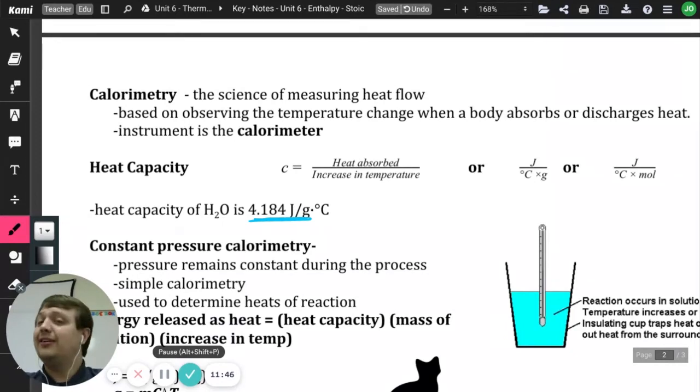Probably they will be giving this to you in the problem itself if you end up needing it. But this one is a very commonly used specific heat, so it sometimes just makes it easier if you just know it. Okay, so water's specific heat capacity, again, liquid water, not solid water or gaseous water, just liquid water, its specific heat is 4.184.